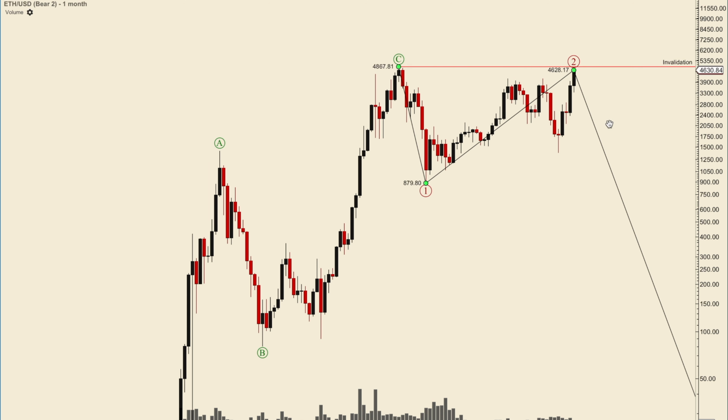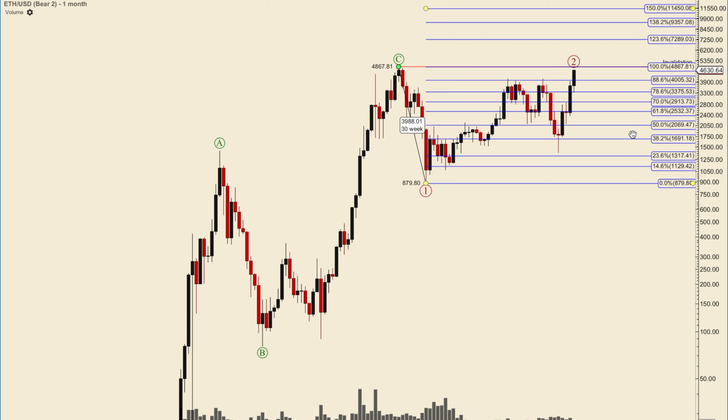And also that we hit the 886 taken from this top to here tells us that this is a very uncommon target for a wave 2, as I mentioned before.